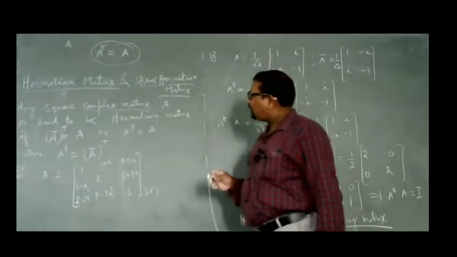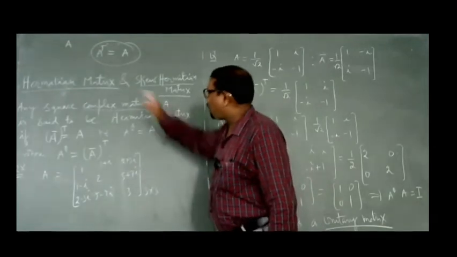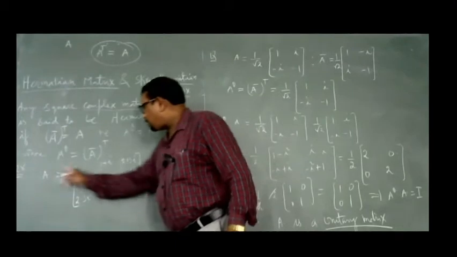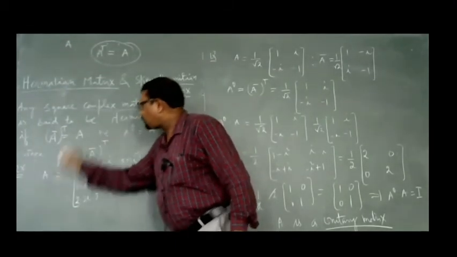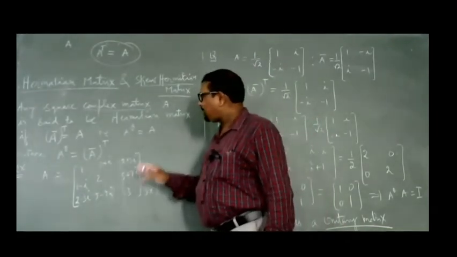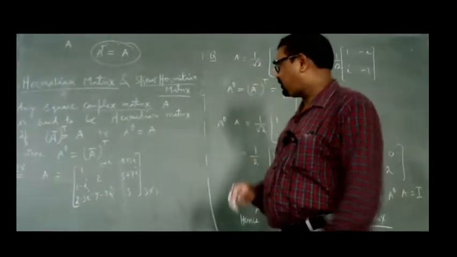We want to verify if this matrix A is Hermitian or not. For this verification, you have to take the conjugate of this matrix, and then take the transpose of that conjugate, and if it is the same matrix A, then this matrix will be Hermitian, otherwise it will not be Hermitian matrix.